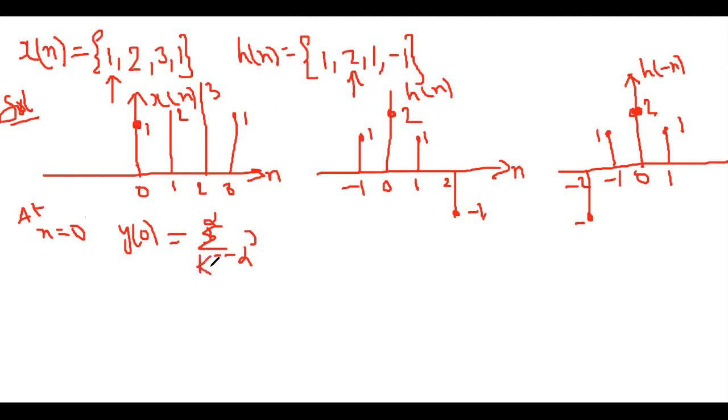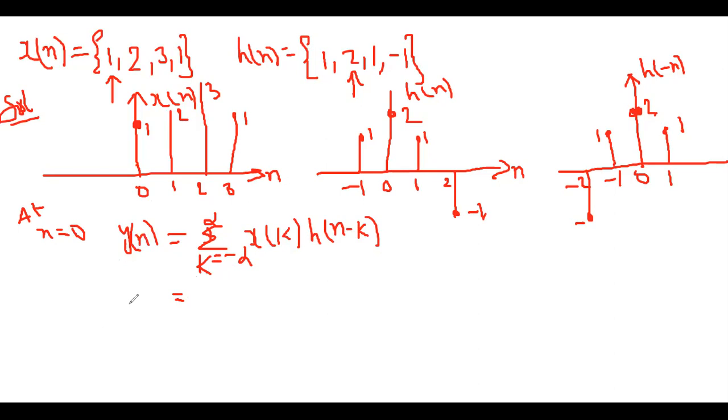The formula for discrete time functions is x of k, h of (n minus k). At n is equal to 0, first of all the value you keep is n.